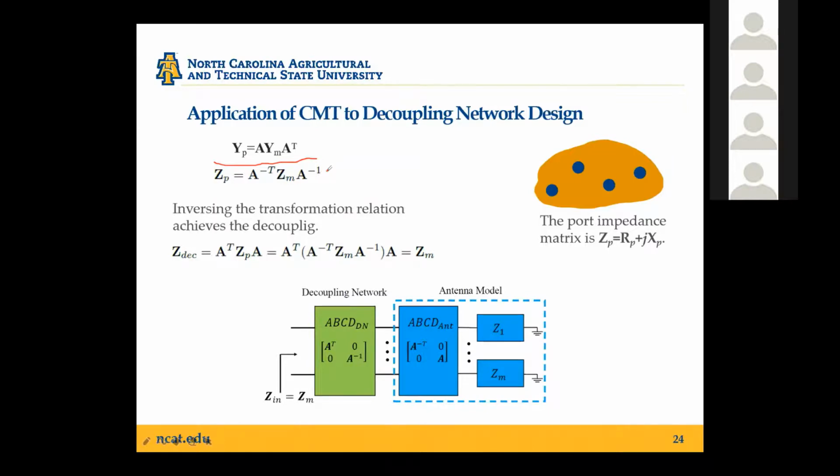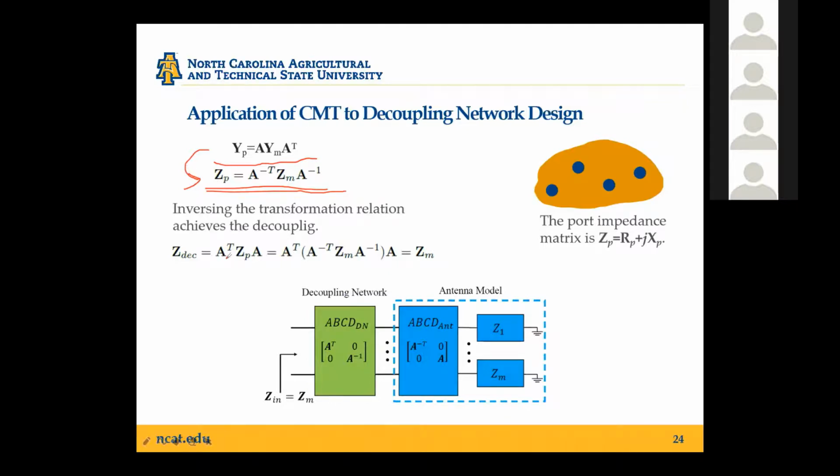And if you invert this, you arrive at the same thing: your impedance is a transformation of the modal impedance as well. But anyway, given those transformation relations, it appears that if you can design another network that inverts the transformation relation here, you can access each individual mode.